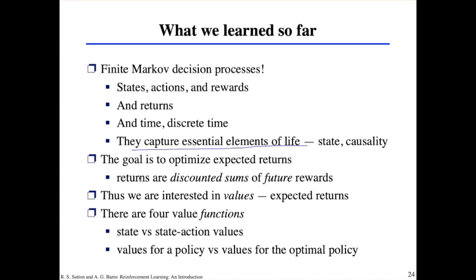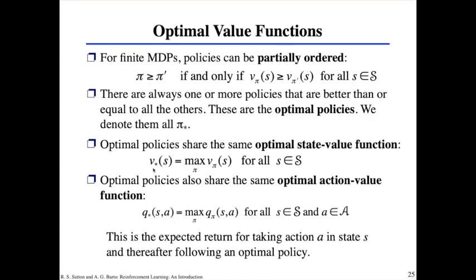But the goal is to optimize these expected returns using this particular model of discounted sums of future rewards. So you can have other ways of modeling that. The gamma discounting for the future is only one way to do it. And we got those 4 value functions with the state and action, as well as for the optimal and for our own policy. So for the optimal value functions that we defined, those would look similar.